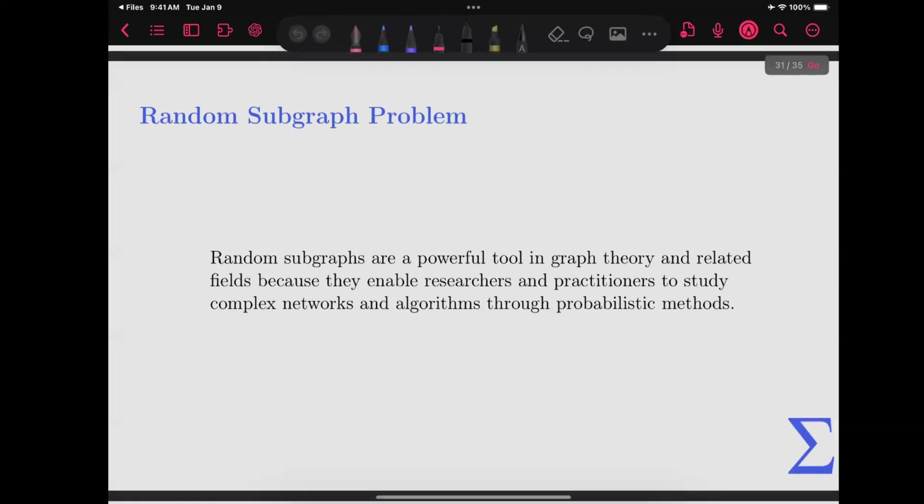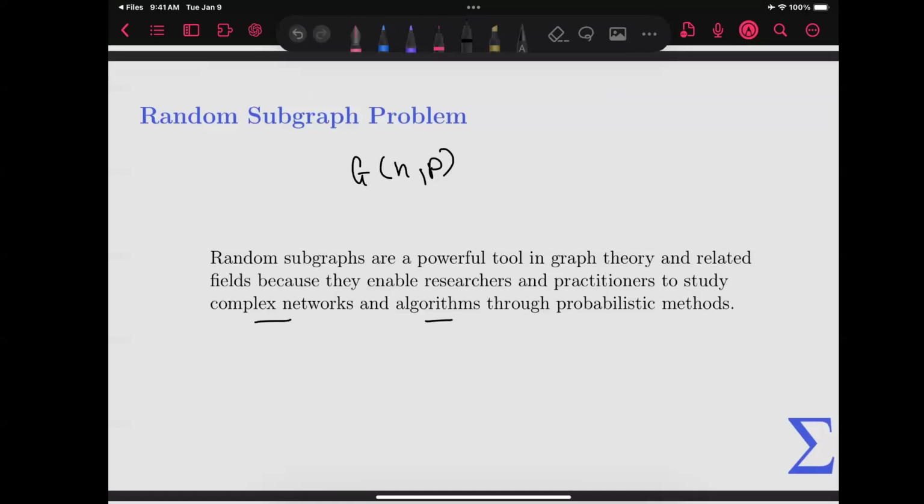So I want to apply it to one example today, which is the random subgraph problem. If you may have ever seen this kind of graph, this is a random graph. Why is the random graph really important and used a lot? It's because it's related to the field where you have to deal with complex networks and algorithms where you want to account for all the exceptions.